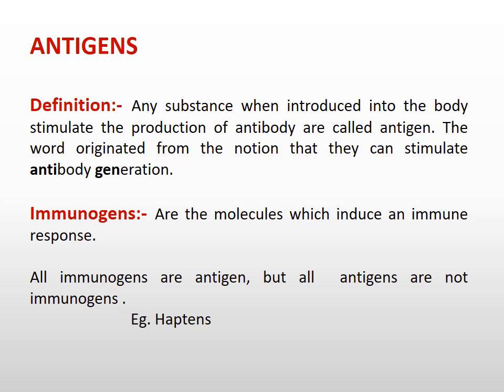So all the immunogens are antigens, but all the antigens are not immunogens, because an antigen may produce antibody but cannot elicit a proper effective immune response by itself. An example is haptens. We'll discuss hapten later on. So remember that all immunogens are antigens, but all antigens may not be immunogens. Okay.